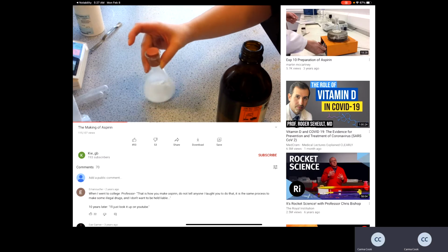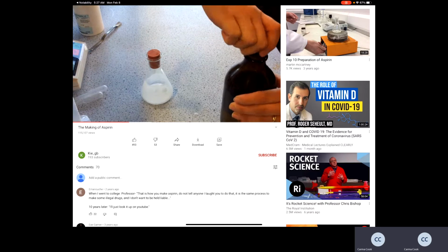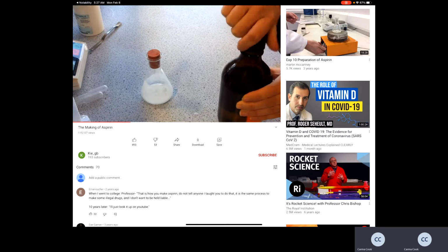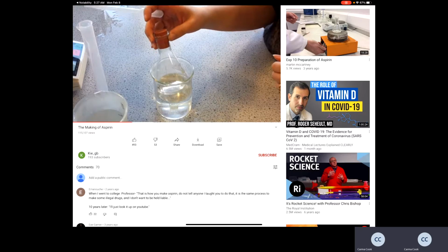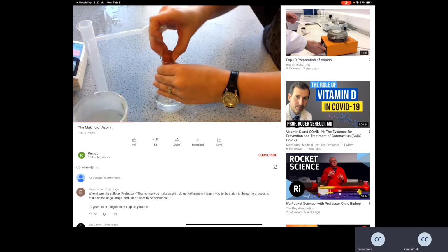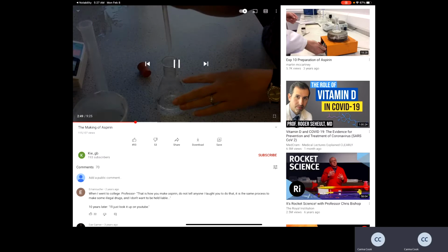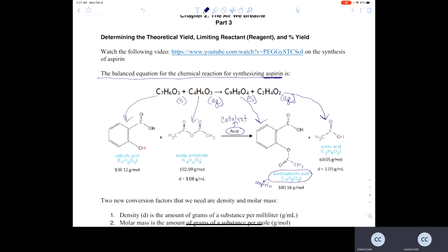And then she's going to go through some filtration steps in order to separate the aspirin product from the other side product, which is acetic anhydride. And so if you want to watch the rest of the video, please feel free to do so.